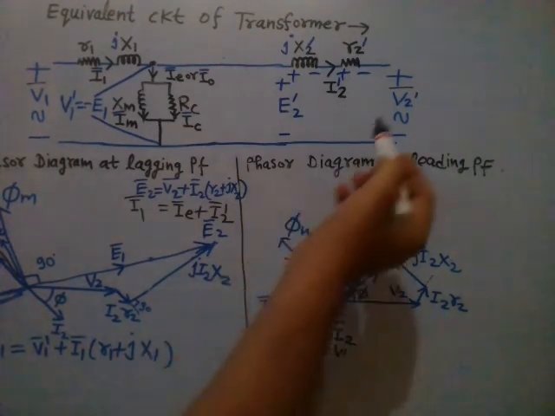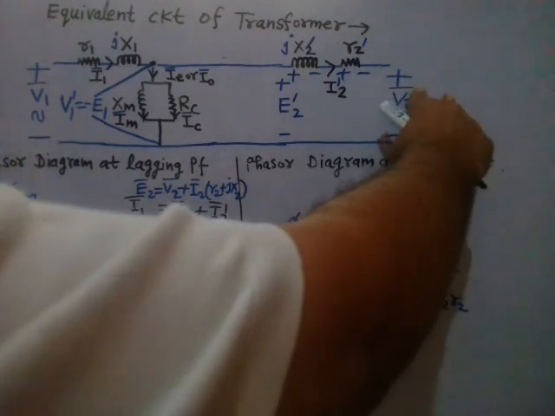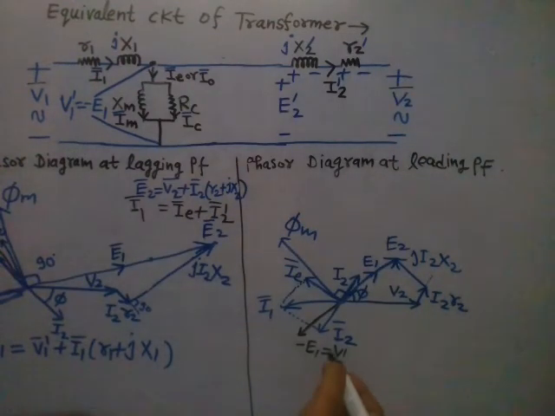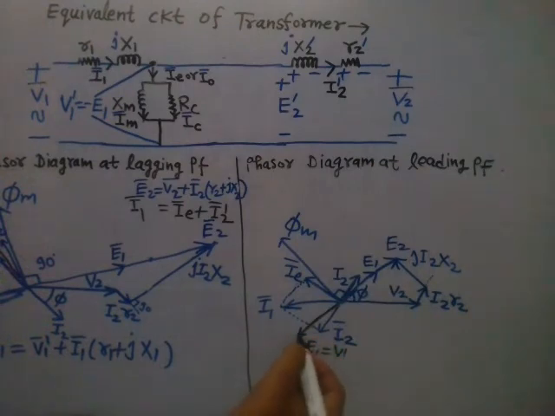So basically I am back propagating from V2 to V1, right? Here this is voltage V2. To get I1 R1 you have to draw in the same phase.